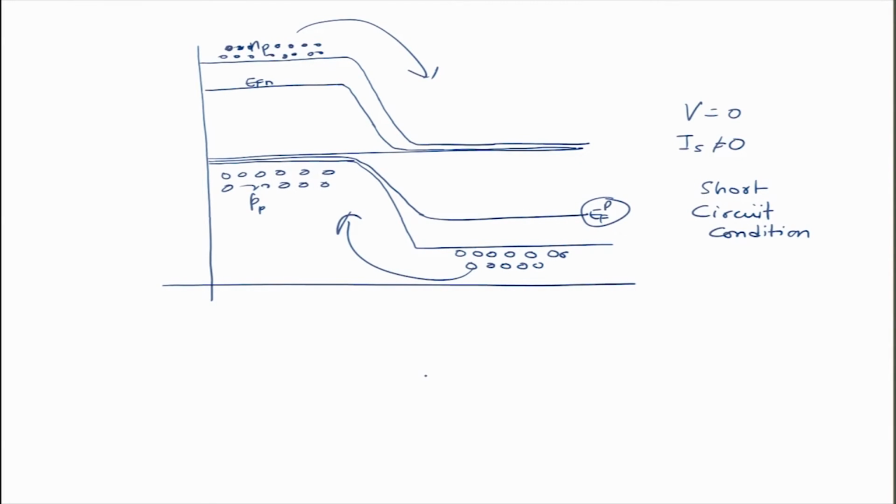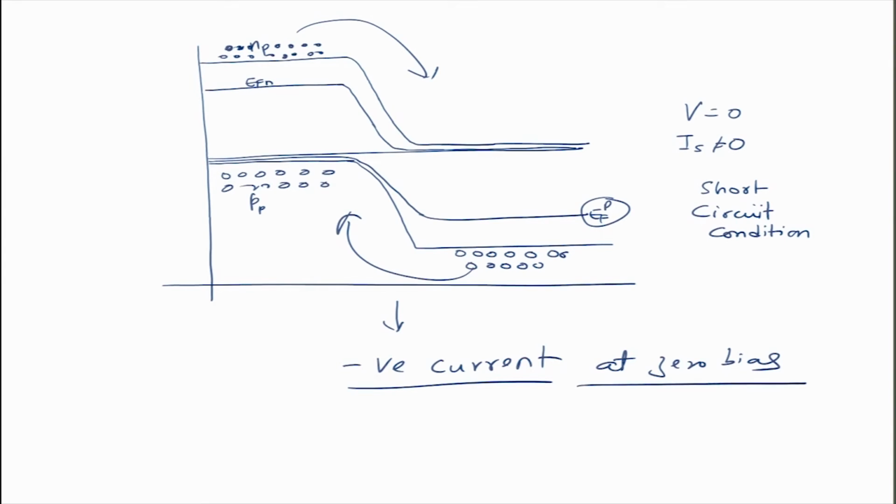This is the flow of electrons and holes in the opposite direction, and this contributes to what we call negative current at zero bias. And this happens because of the splitting of Fermi levels, because the Fermi level for electrons on the p side is very high, the Fermi level for holes on the n side is very high, and this splitting of Fermi levels provides the driving force for electrons to move from p to n side, contrary to popular wisdom, right.